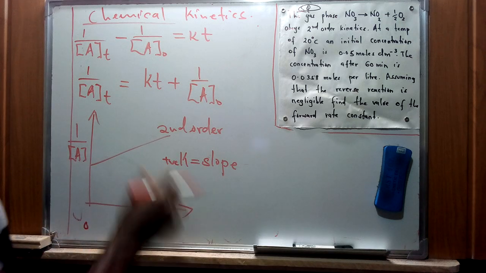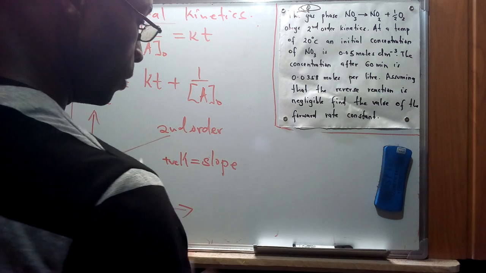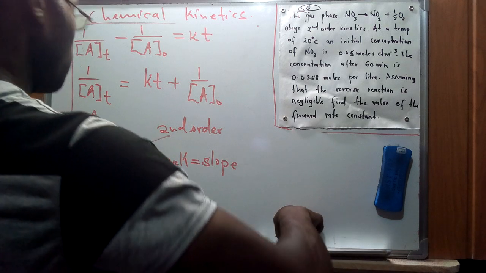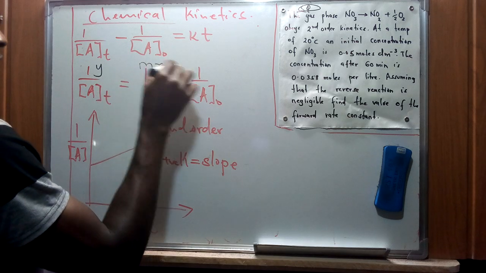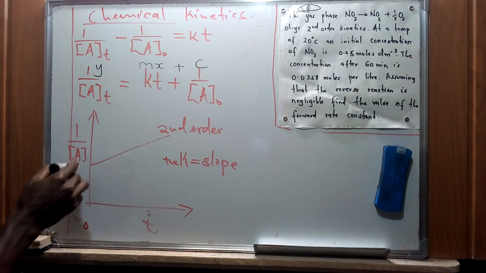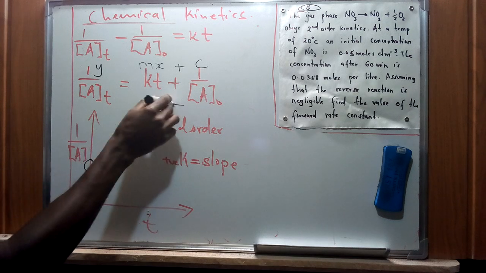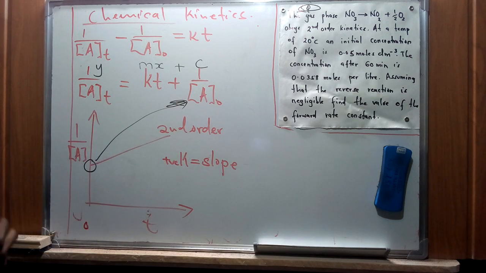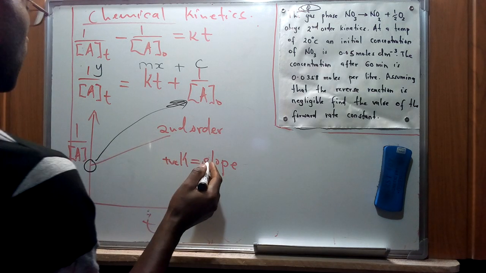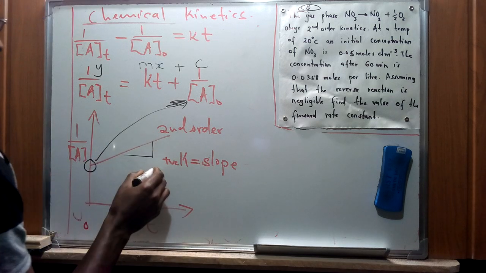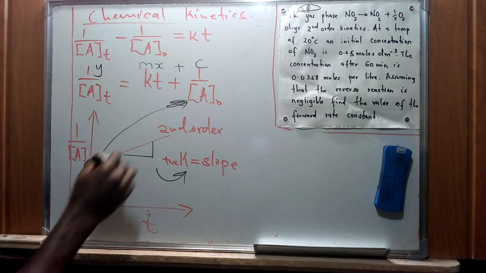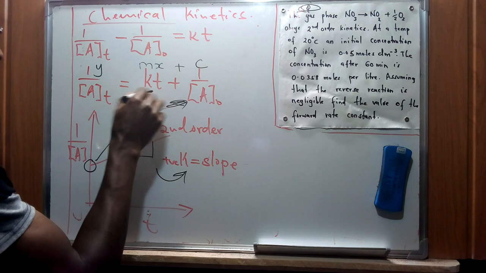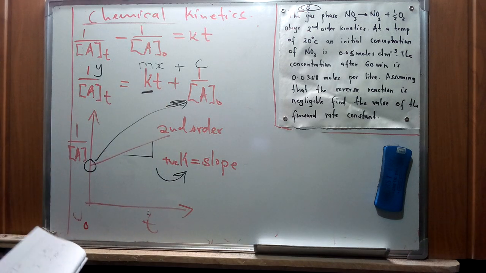So if I equate this to the equation of a straight line, I'm going to have the general representation y equals mx plus c. So therefore the y-intercept is going to give the inverse of the initial concentration of this solution, whereas the slope of this graph is going to give us the value of the forward rate constant, which is m, the gradient in that case.